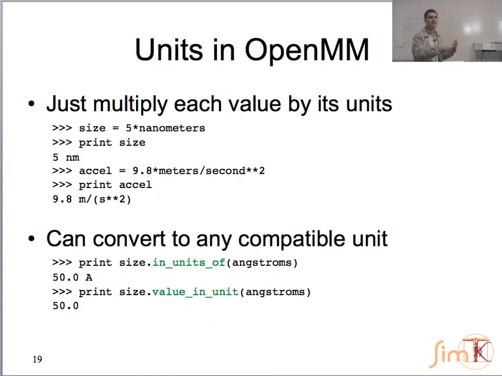At some point, you may need to pass it to some other function that just needs a pure number. So you can also call size.value_in_unit(angstroms), and this returns just a completely ordinary number, 50, which is the value of that in units of angstroms. Generally, leave it as a quantity as long as you can, and just convert it to a unitless value at the last moment when you absolutely need to.